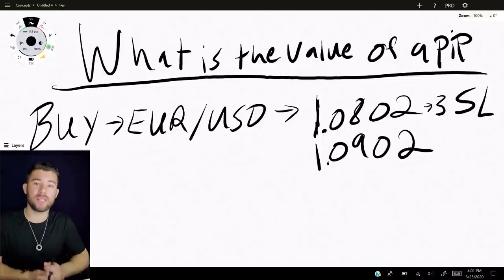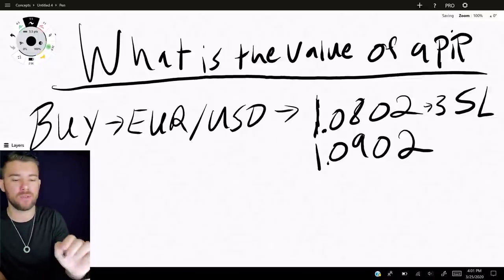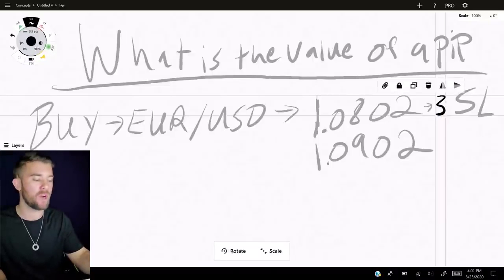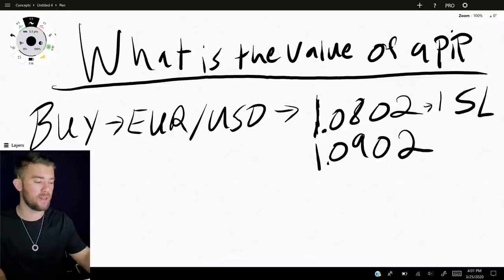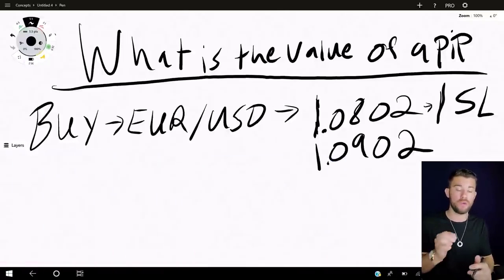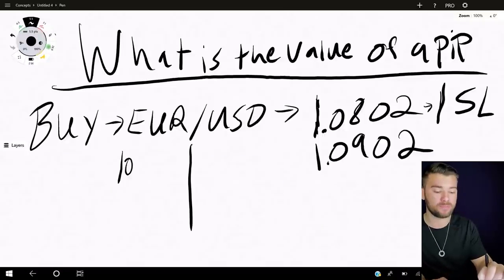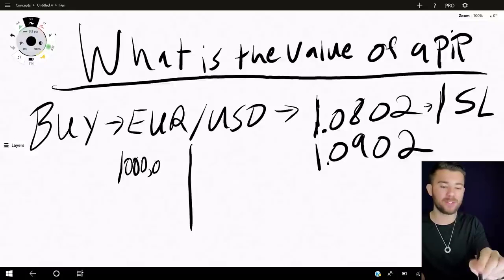Now let's look at this in a different way that always helped me to better understand what's actually going on whenever I place trades. So let's move back to placing a buy order with 1 standard lot on the euro dollar. If you're doing this, essentially, you are telling your broker that you are going to want 100,000 euros. Not 1 million euros. What am I doing? 100,000 euros.